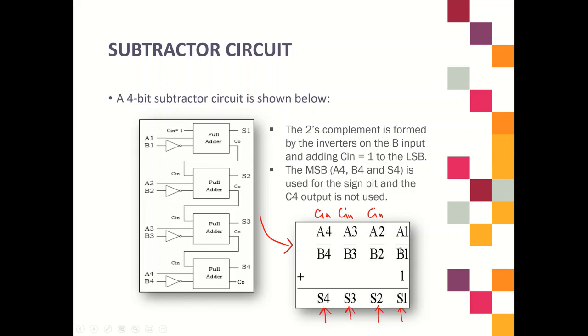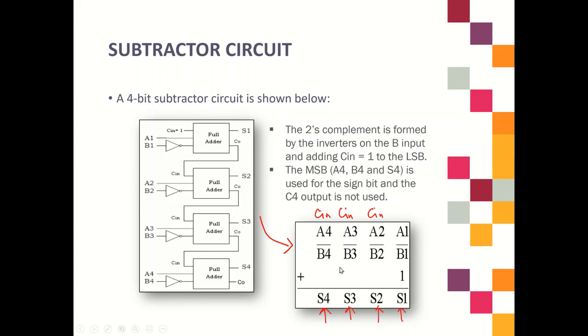Each of the 4 columns must be added with 3 values. That's why we need to use full adders, because a full adder has 3 inputs, which are C in, A, and B. This is the first column, represented by the first full adder, then this is the second column for S2, A2 and also B2, then this is the third column, and then this is the fourth column.